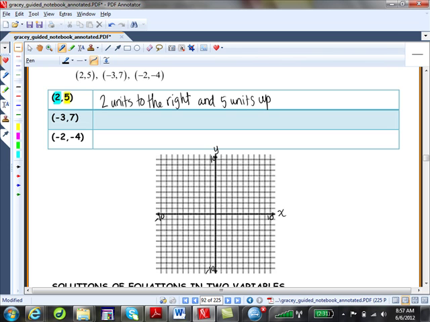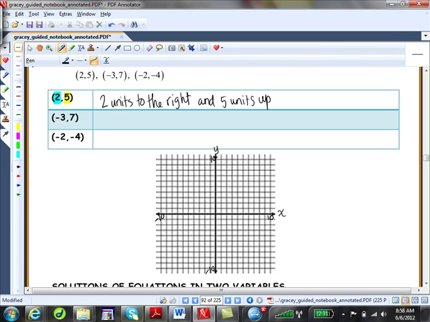Now, if you had wanted to have a different scale for one of the axes, that's fine as long as you do it for that whole number line that corresponds to that axis. Right? We'll just use the standard. So each one of these is worth 1.